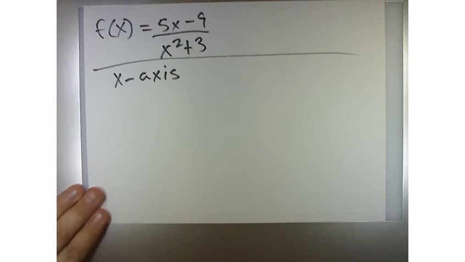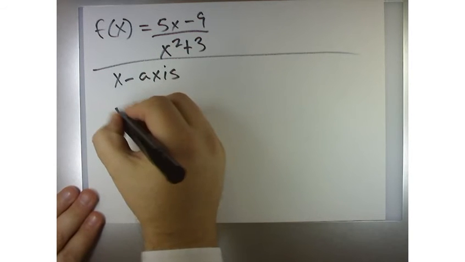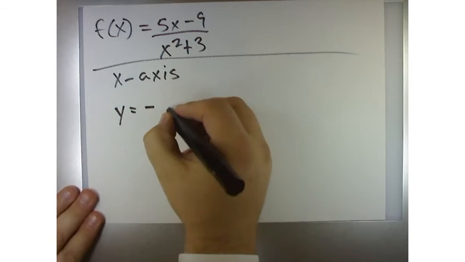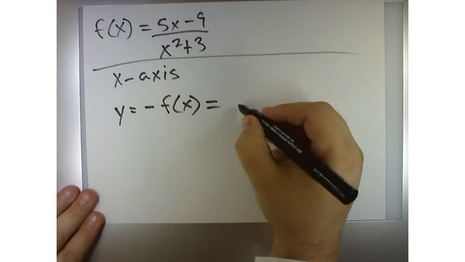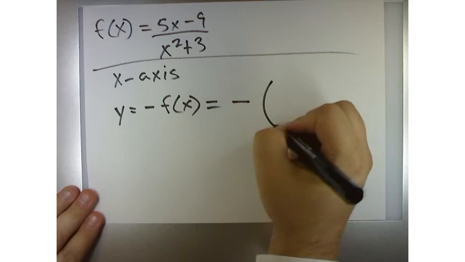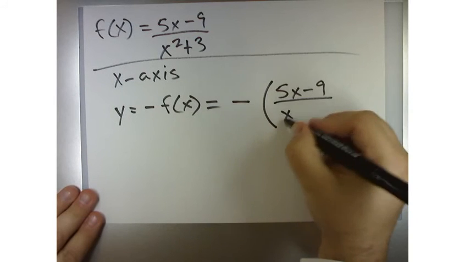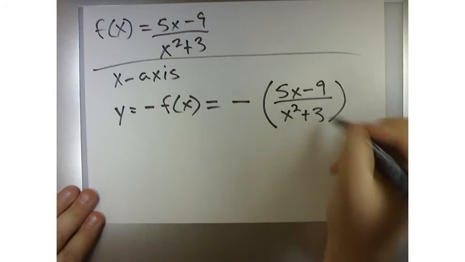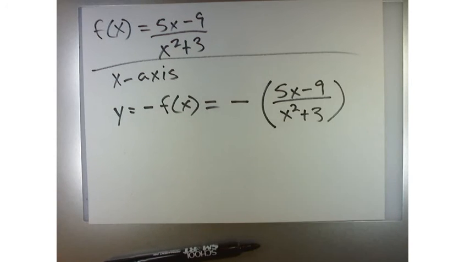Now one way that you could change the y values is you could say y is equal to the negative of f of x. So that would be the negative of the original function. So if I plug that in the calculator, that would reflect over the x-axis.